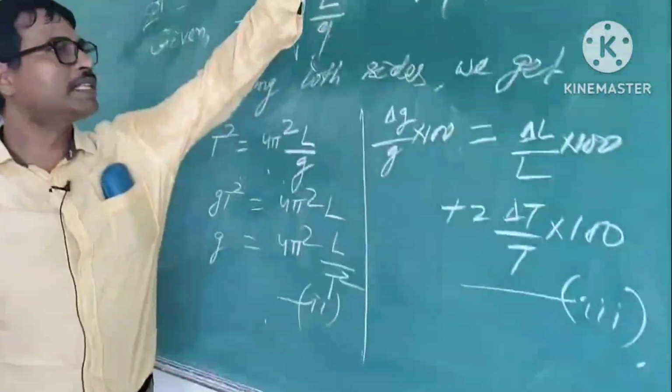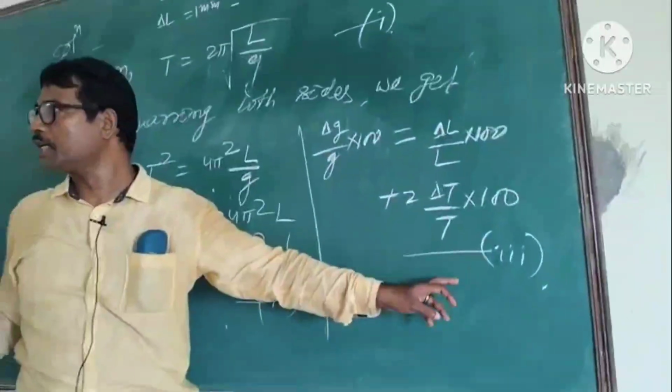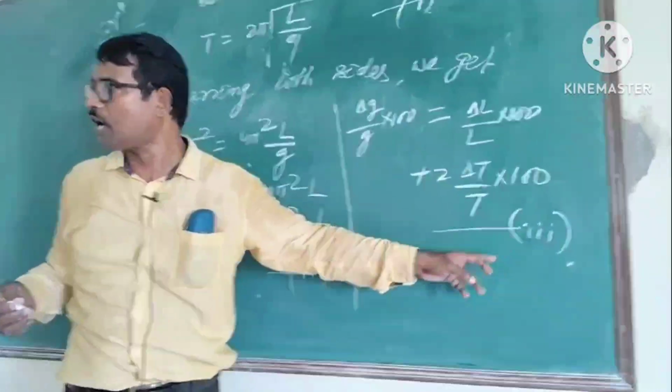Now everything you have to put in equation 3, because in the question, the accuracy is asked in the determination of small g.